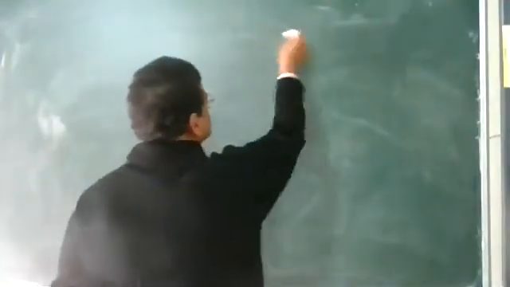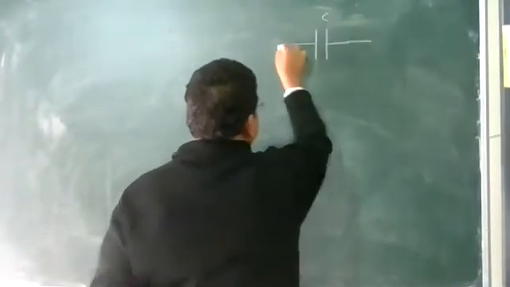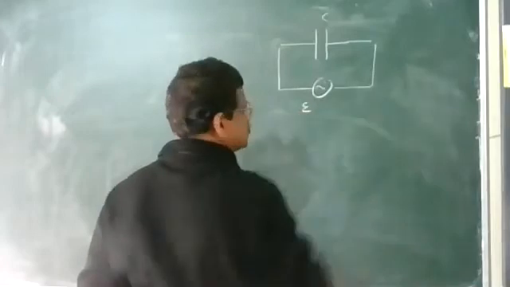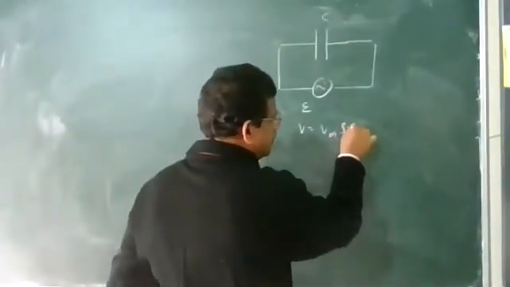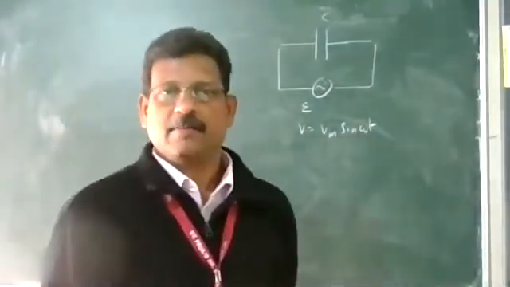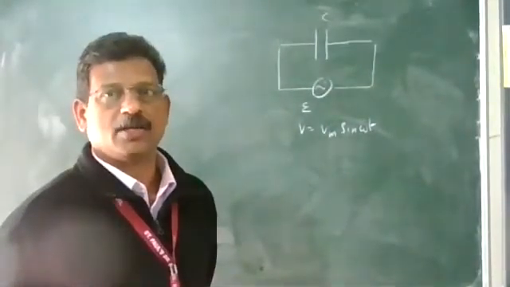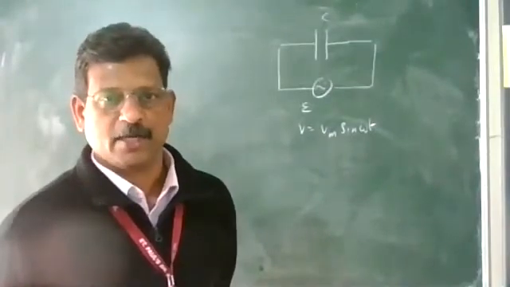The third circuit: you have a capacitor of capacitance C connected to an EMF source where V equal to Vm sin omega t. The capacitor of capacitance C is connected to an alternating EMF source, voltage V equal to Vm sin omega t.